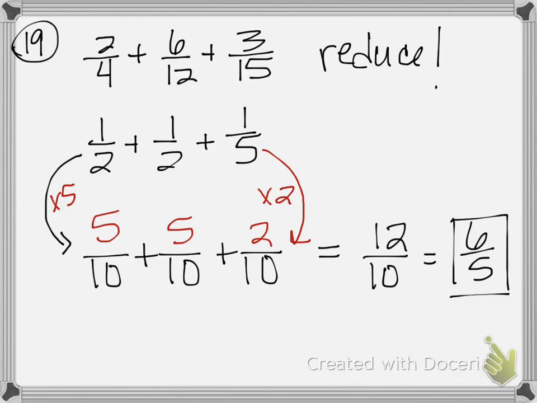You would just have to find a least common multiple between 4, 12, and 15. Which I believe ends up being like maybe 120. I think is the first number that all three of those go into. And when we reduce, our common denominator was 10. So a little bit easier to work with.